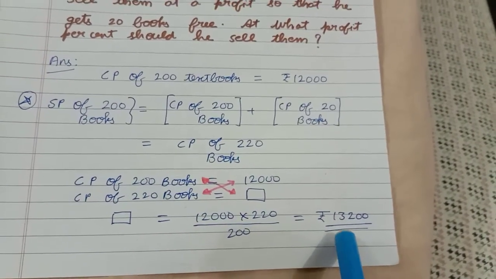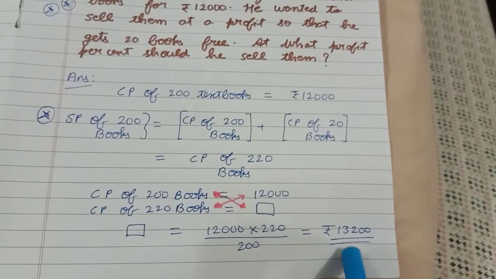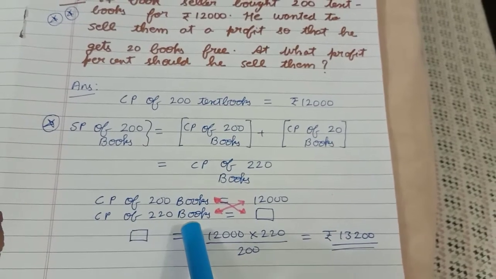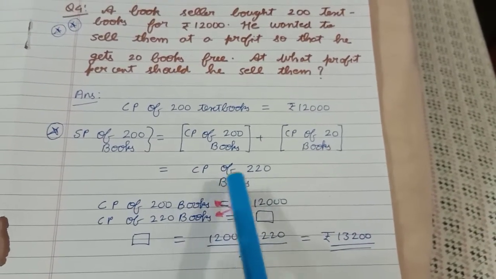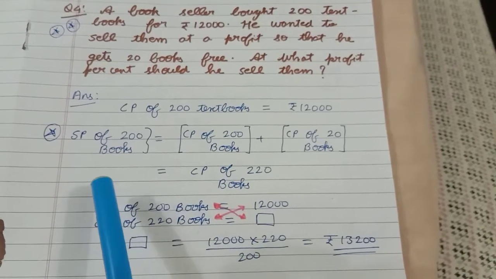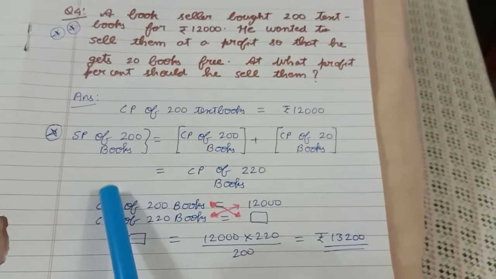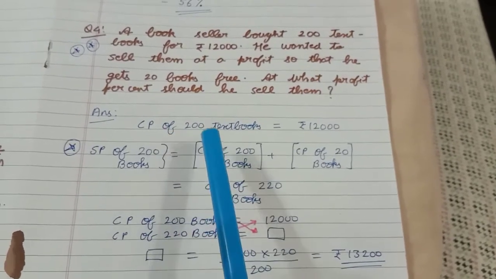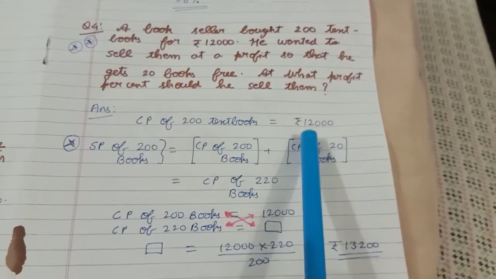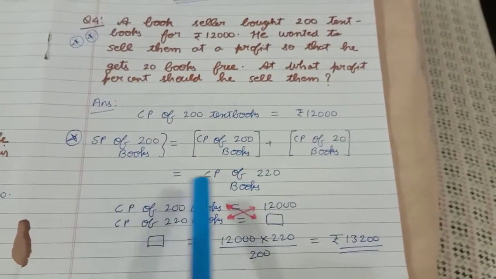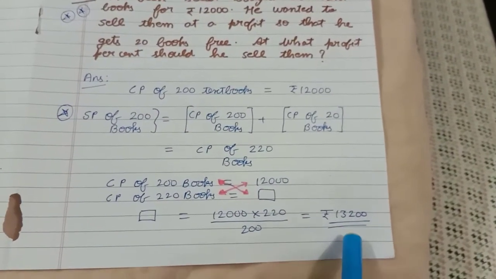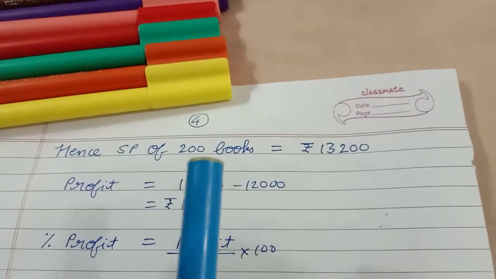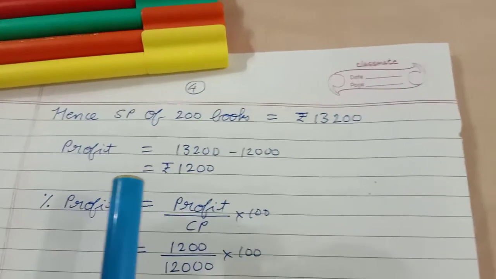Now what is this 13,200? This is the cost price of 220 books, but the cost price of 220 books is nothing but our selling price. So finally, if you go through the problem again, cost price of 200 books is 12,000, and selling price of 200 books is 13,200.